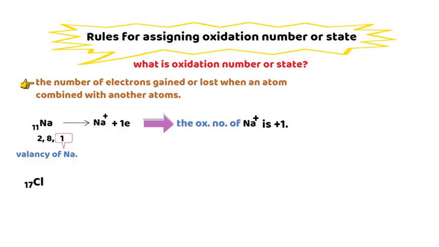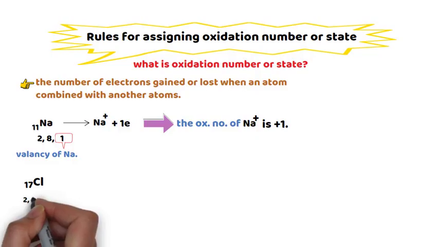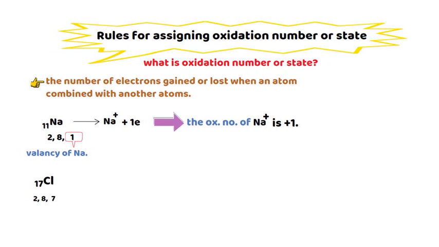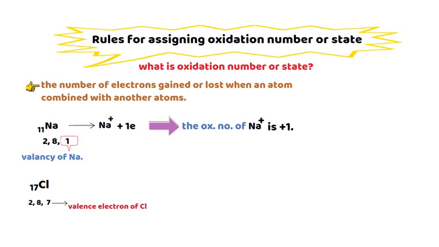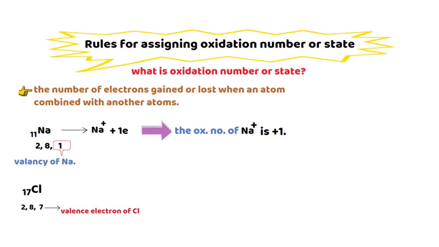Chlorine atom has atomic number 17 and electron configuration shell 2, 8, 7. 7 is the valence electron of the chlorine atom, but the valence of chlorine atom is 1.